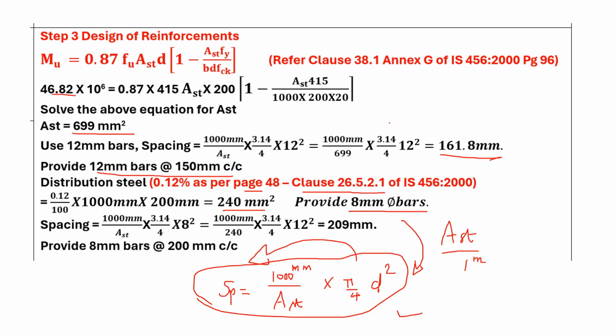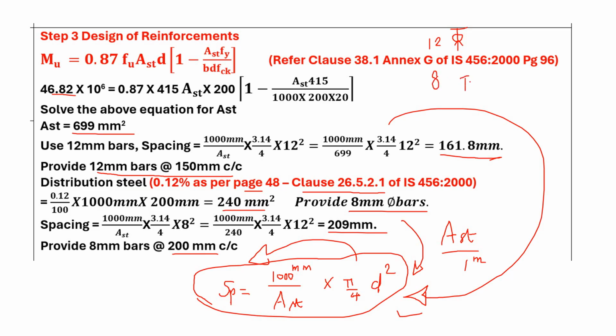Then you obtain the spacing. So spacing is obtained to be 209 millimeter, which is limited to 200 millimeter. So you understand that 12 mm bar is used for main reinforcement, and 8 mm bar is used for the distribution reinforcement.